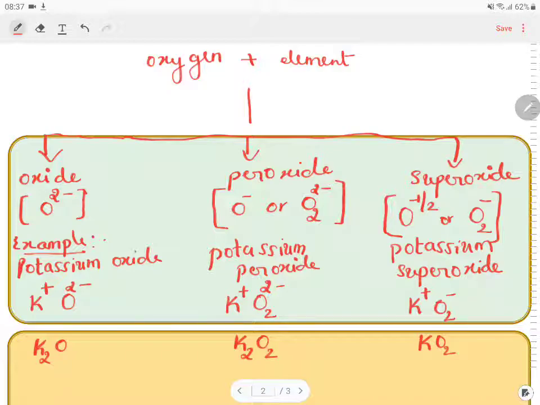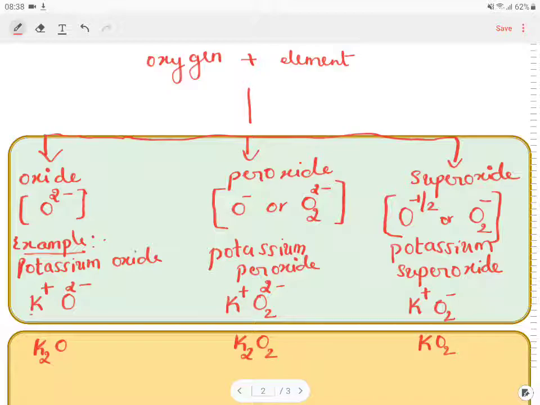This is how you can write the formula for any oxide, peroxide or superoxide, by knowing the charge of the cation. One more important thing: whenever we specify a name like potassium oxide, on the left hand side we usually write the less electronegative element, and on the right hand side the more electronegative element. Among potassium and oxygen, oxygen is more electronegative, therefore the name should end with oxide.